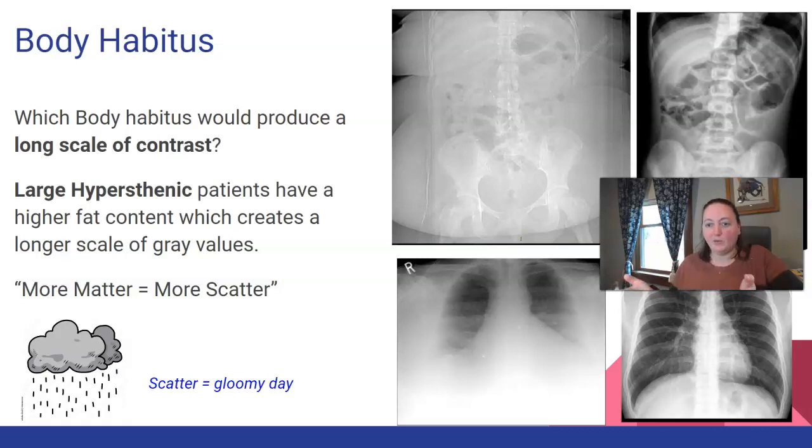More mass or more matter is going to scatter more. So your larger patient or hypersthenic patient most likely will result in a more low contrast image versus your asthenic patient or slender patient, maybe a higher contrast image. So body habitus is definitely a term I would watch out for on those questions.